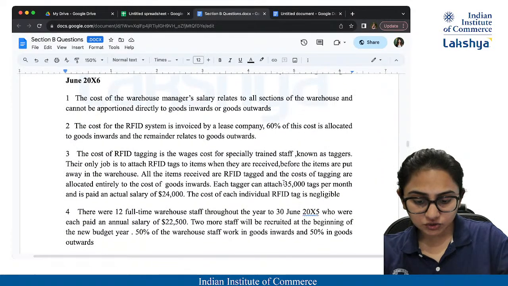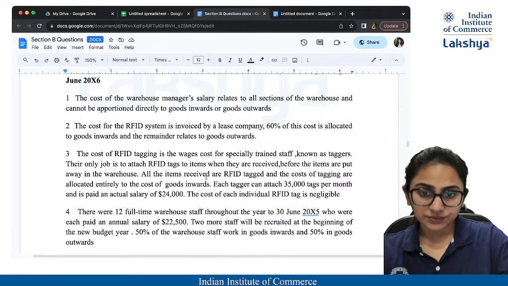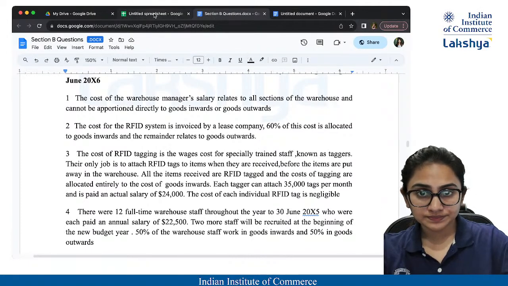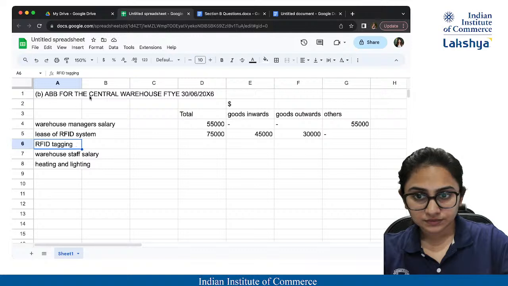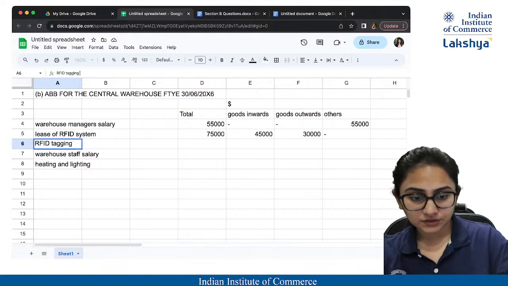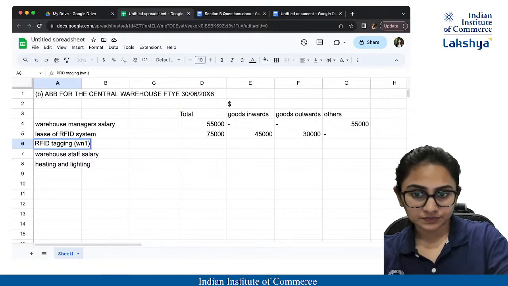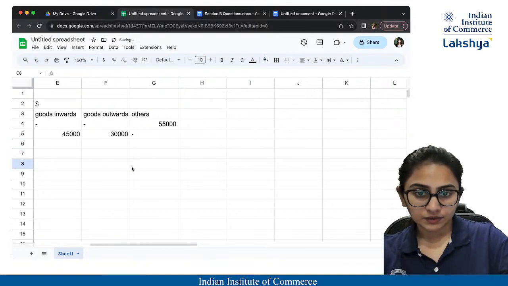RFID tagging is how much? We have to calculate. So we'll name it working note 1. And working note 1 will be prepared here.